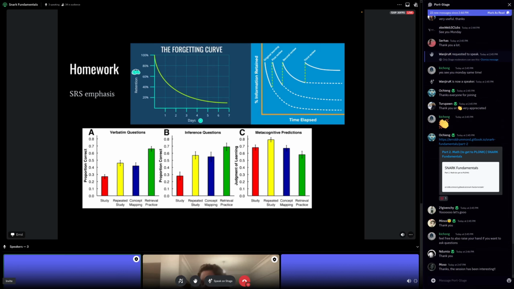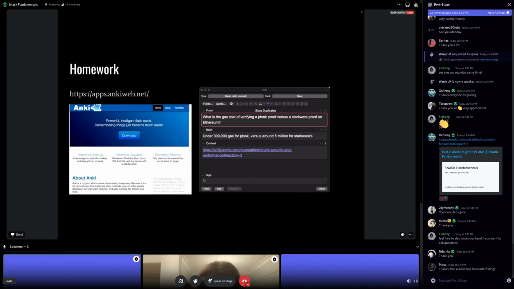One of the key differences as to why people might want to choose a Stark, which actually in my flashcard, there's a Plonk proof and there's a Starkware proof, which is what Cairo should be making, is that, well, one difference is that a Starkware proof is a lot slower, clearly, because it's like 10 times the gas cost. But some people are still choosing to use it, and there's a very important reason for that.